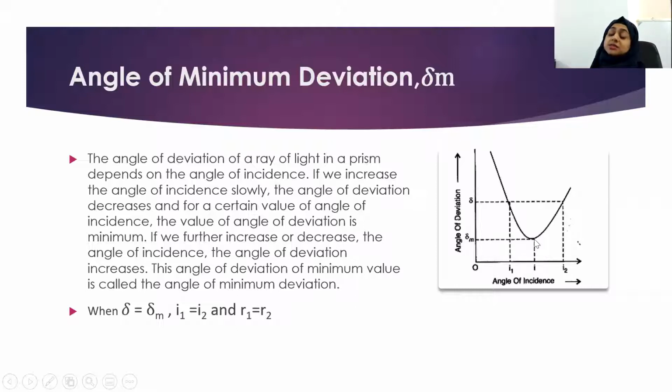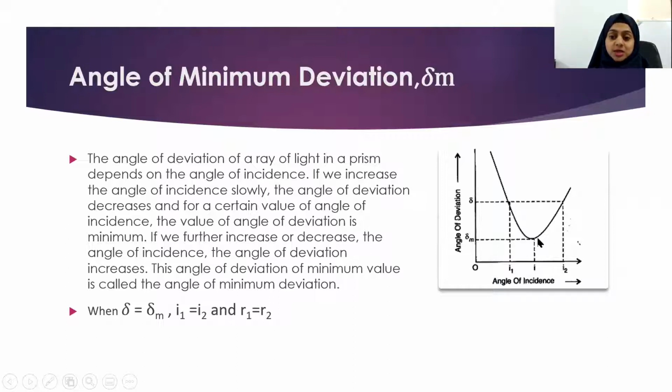Now, when you increase again the angle of incidence, the angle of deviation will increase. So there is a particular angle of incidence for which the angle of deviation is minimum. Now, if you increase the angle of incidence or decrease the angle of incidence, the angle of deviation will increase. See, when you increase the angle of incidence, then the angle of deviation increases. When you decrease from this point, then also the angle of deviation increases.